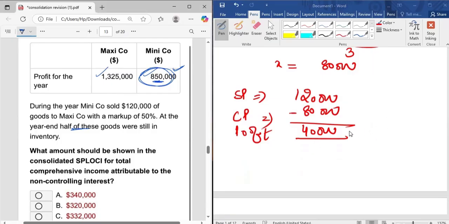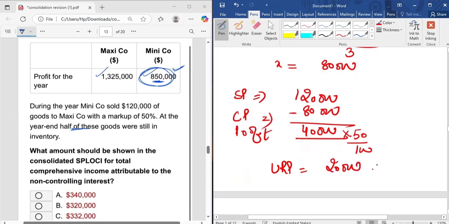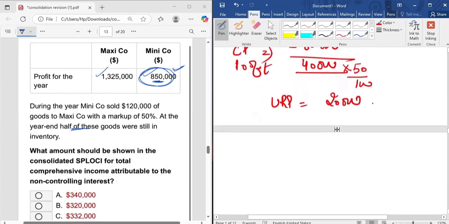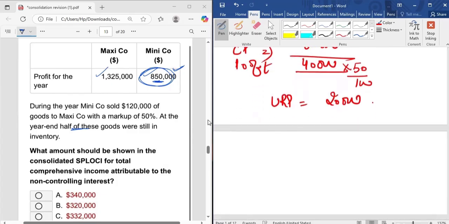So we will calculate unrealized profit for the remaining portion, which is 50%. So our URP is 20,000. All right. Now we have to calculate the total comprehensive income attributable to NCI.